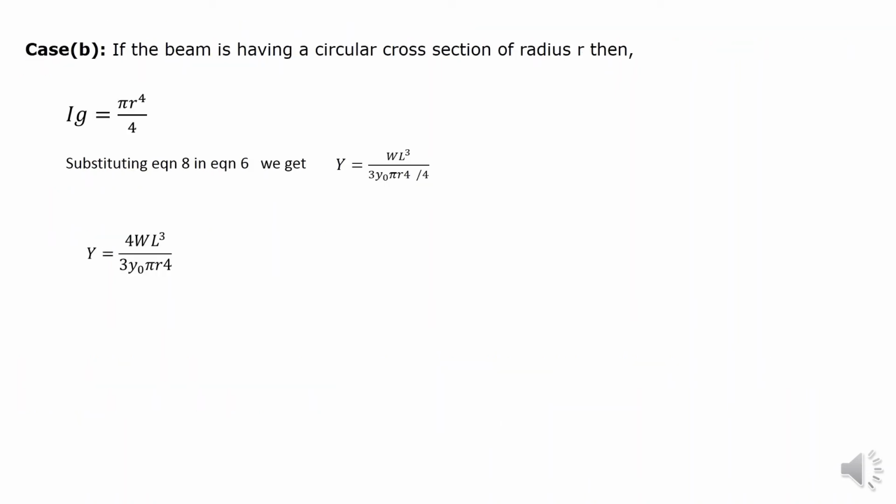Second case, if the beam has a circular cross section of radius r, then Ig is given by pi r to the power 4 divided by 4. Substituting this expression for Ig in the expression for Y, we get Y is equal to 4WL cube divided by 3 y0 pi r to the power 4.